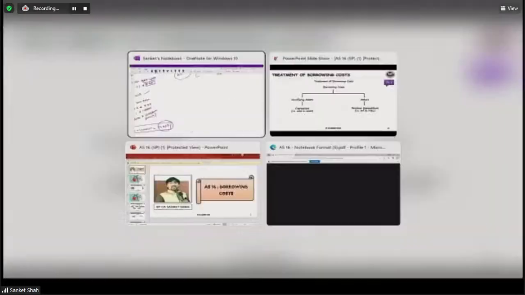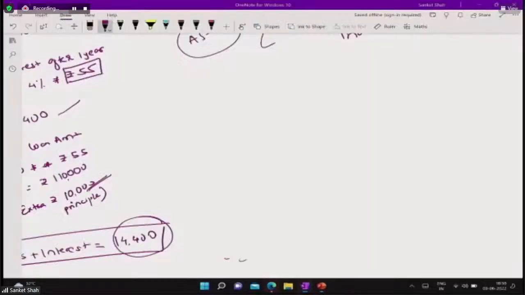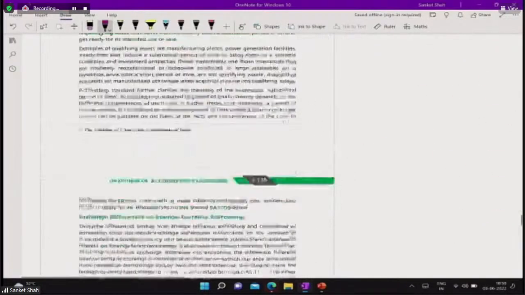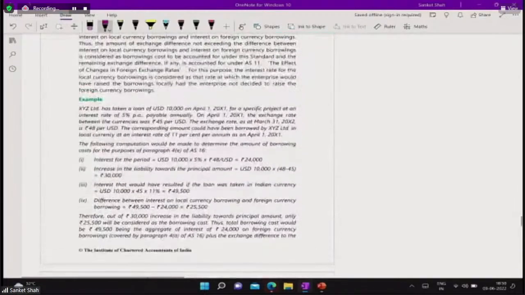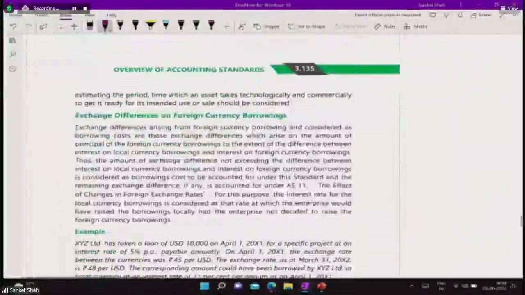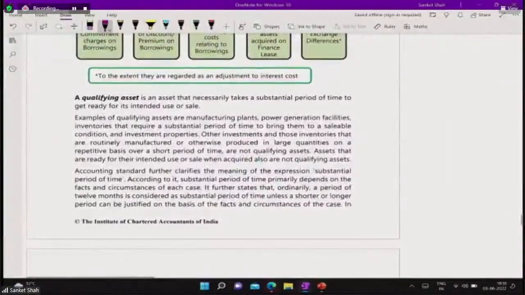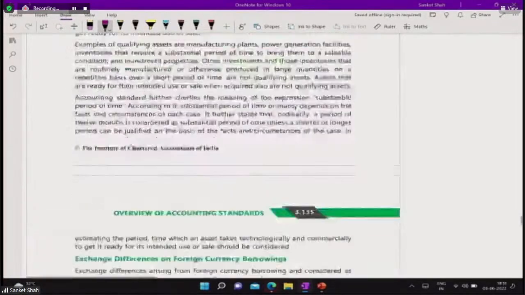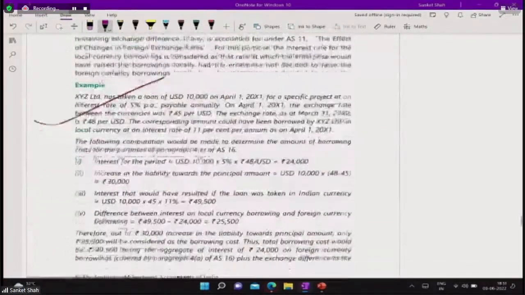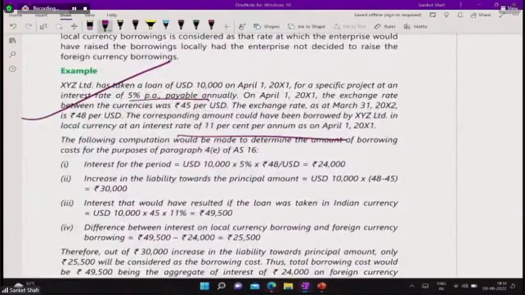Illustration number 1. Let's check it. We already covered this example, beta. You can see here, the qualifying assets example we already covered, the 5% and 11% example.